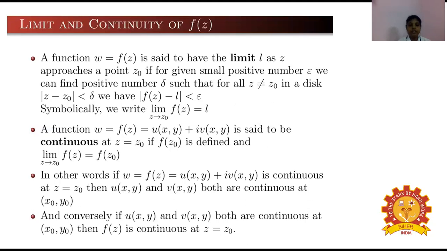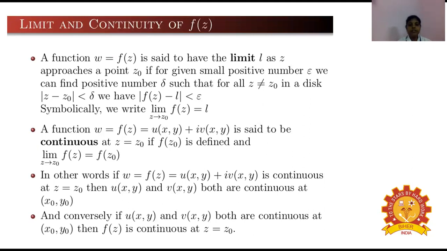In other words, if w equal to f of z is continuous at z equal to z0, then u of x comma y and v of x comma y both are continuous at x0 comma y0.